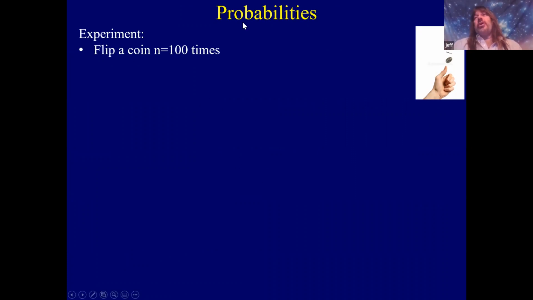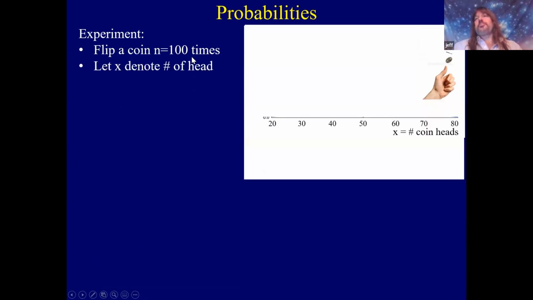So for those of you who are not completely up in probabilities, let's have a coin and flip it 100 times. All right, so let X denote how many heads you get. I did this experiment, right? I flipped them 100 times and I got like 53 heads.